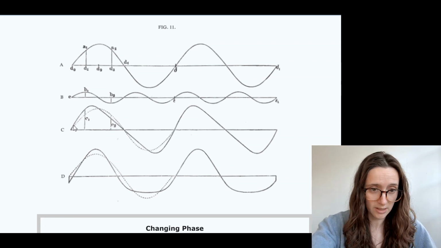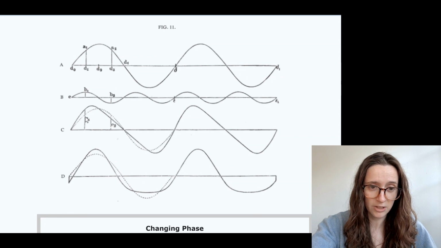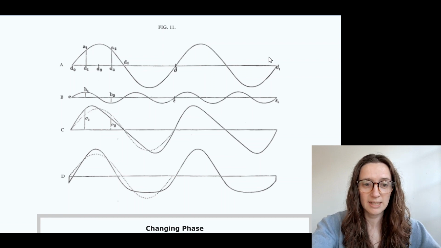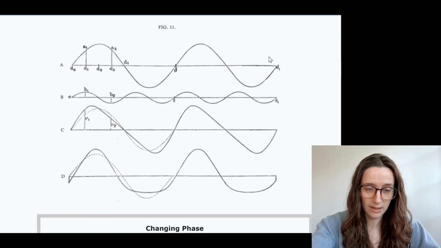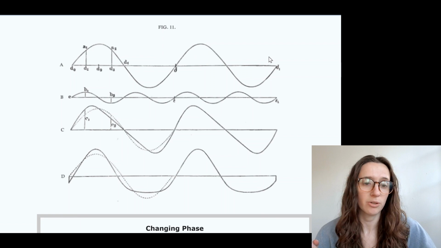Starting with 0, then B1 plus A1 is C1 here, and then A2 minus B2 is C2 here. And the dotted line is our initial A curve, just for comparison. So this curve, curve C, has the same period as curve A, so it would be the same pitch.